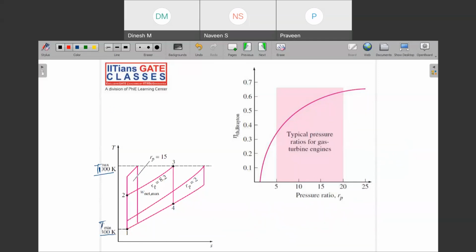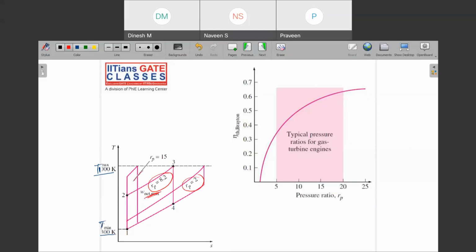So let me help you to understand. See, initially if your pressure ratio was 2, then your efficiency was lower, but you were getting some work output. Then if you have increased this pressure ratio somewhere, let us say 8.2, here you can see that you have got net W net.